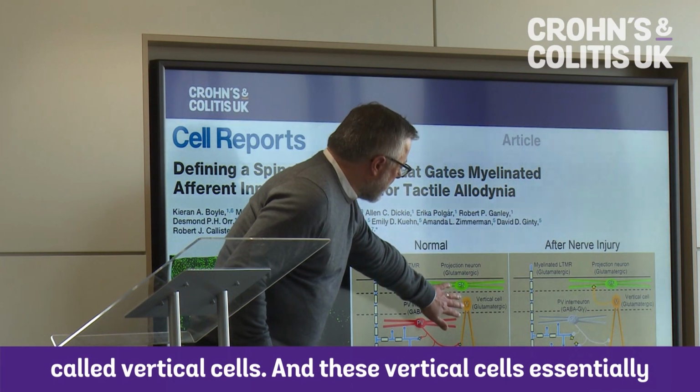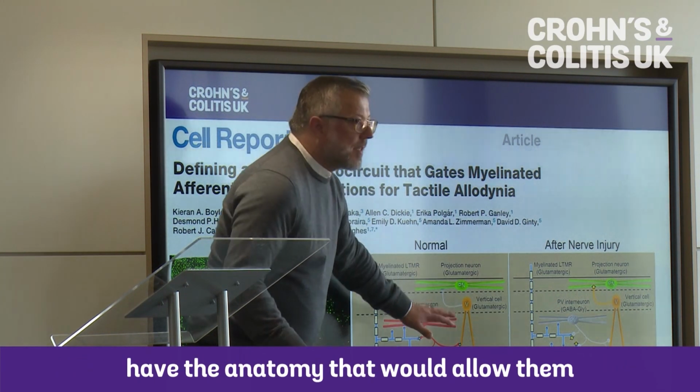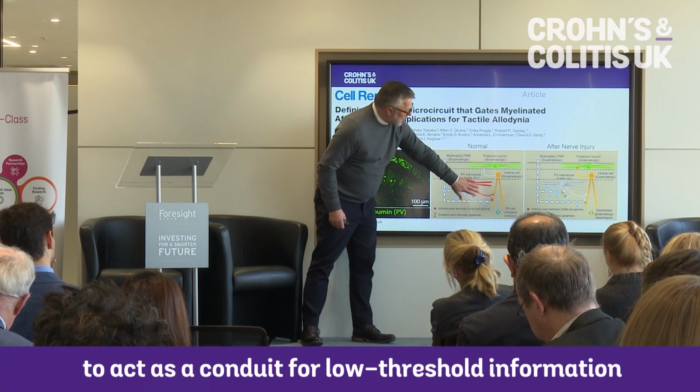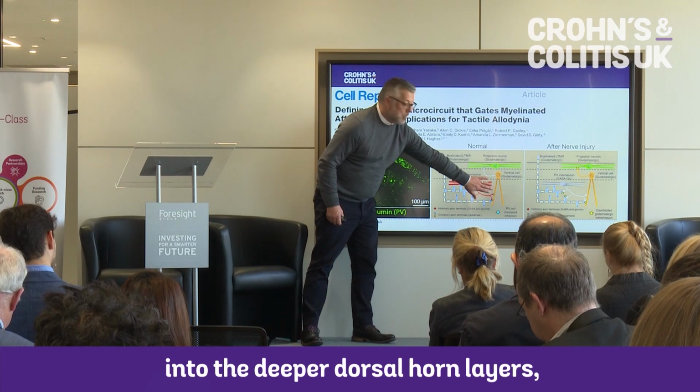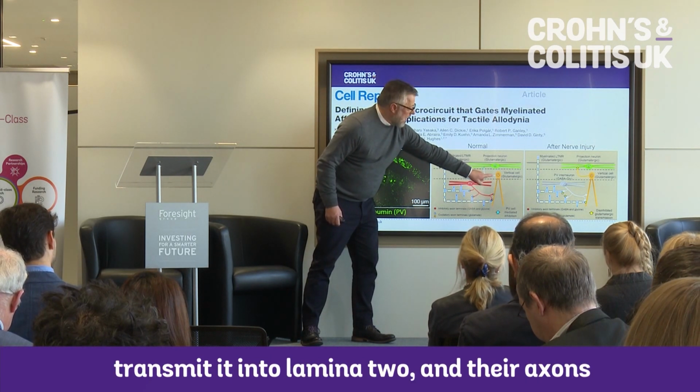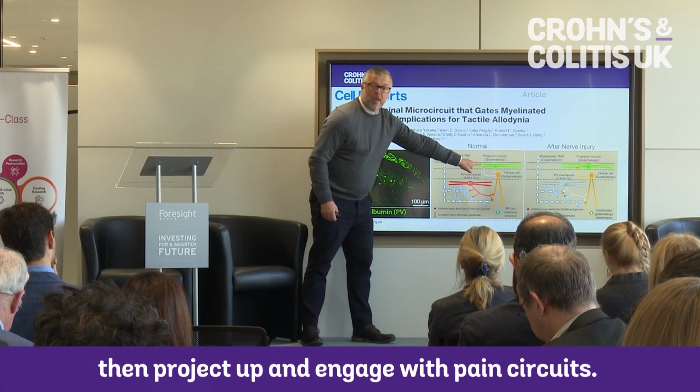And these vertical cells essentially have the anatomy that would allow them to act as a conduit for low-threshold information into the deeper dorsal horn layers, transmit it into lamina 2, and their axons then project up and engage with pain circuits.